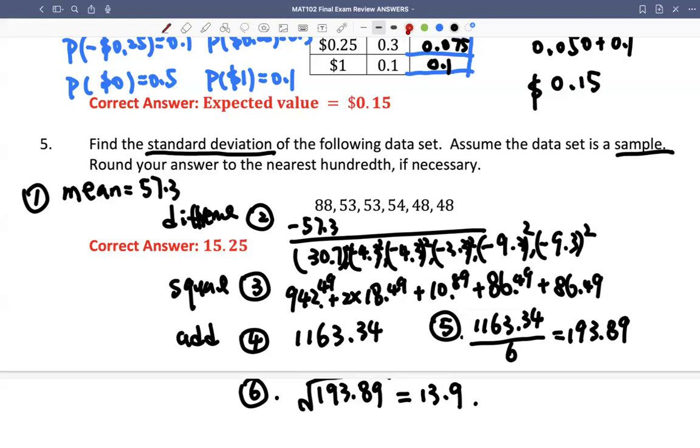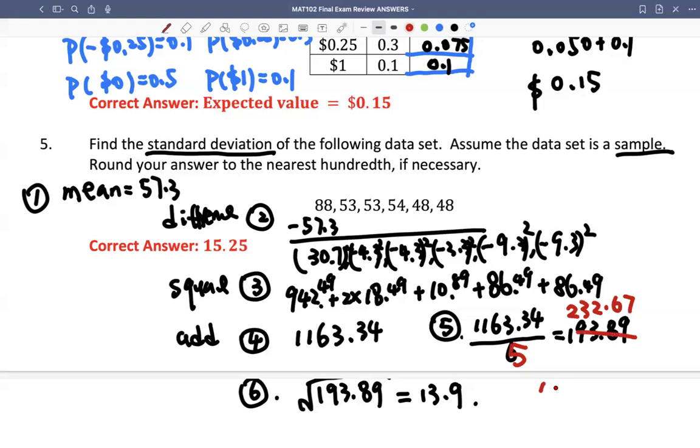At number 5, if you divide by 5 instead, this number would be 1163.34 divided by 5, which is 232.67. Then the deviation will be bigger.